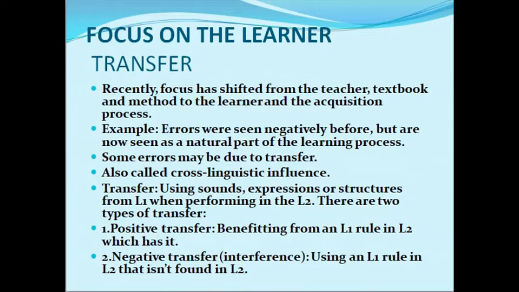This means that using the rule of the first language, or the native language or mother tongue, in the second language is not a good thing, when that rule does not exist in the second language.